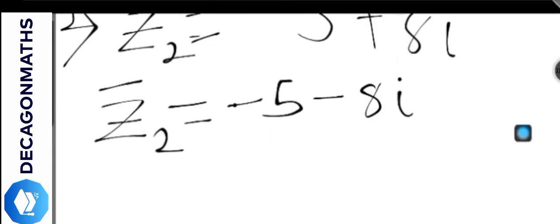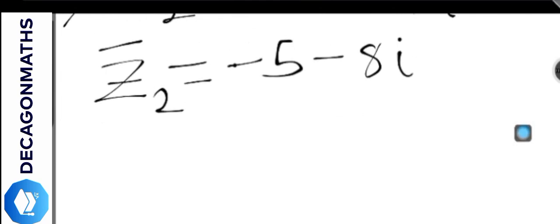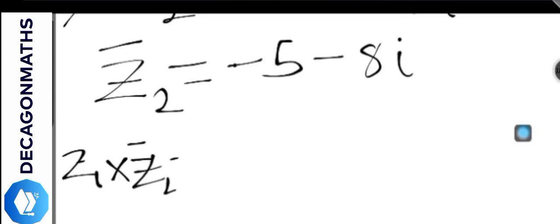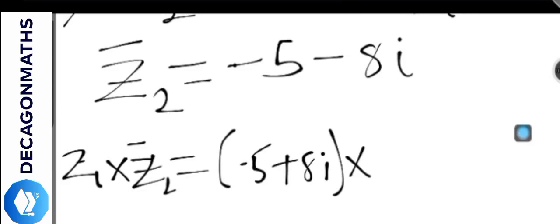So let's multiply what we have. So z2 multiplied by z2 bar equals, we have minus 5 plus 8i multiplied by minus 5 minus 8i.